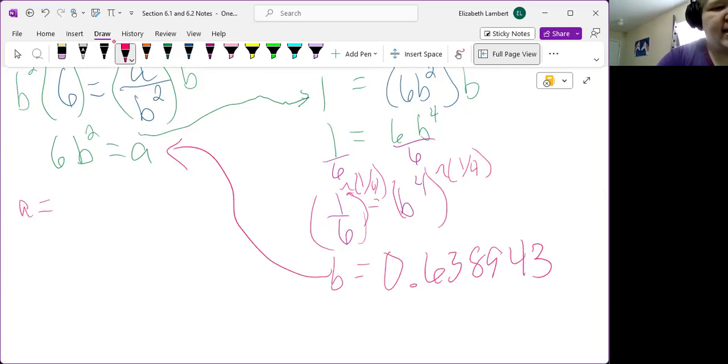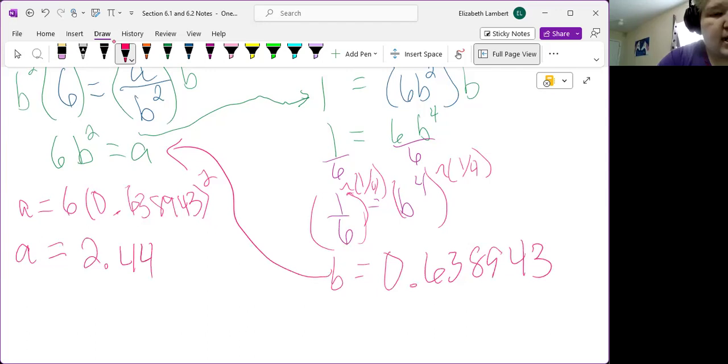So a is 6 times that whole crazy number we just got, squared. All right, so I'm going to put squared, close it, times 6. So my a value is 2.449489, whatever.